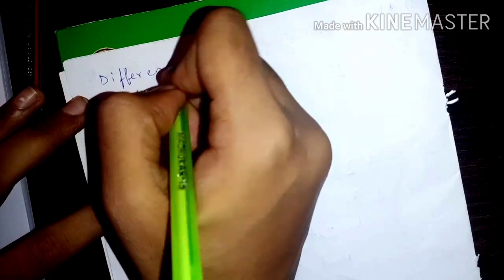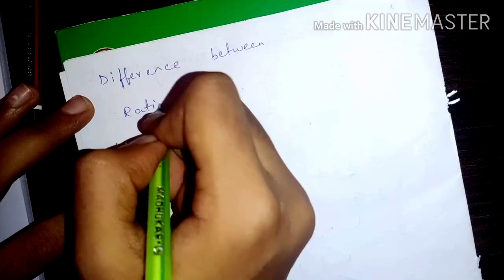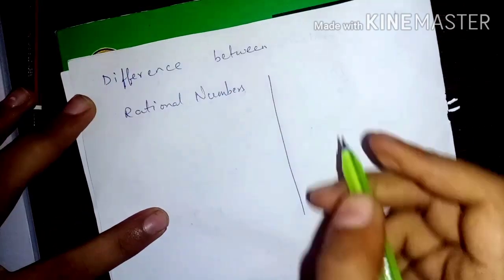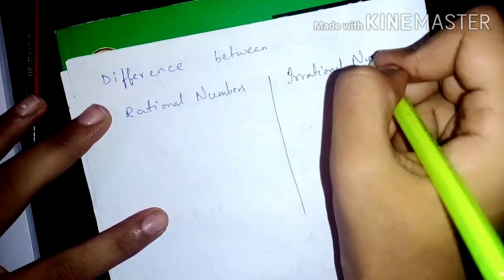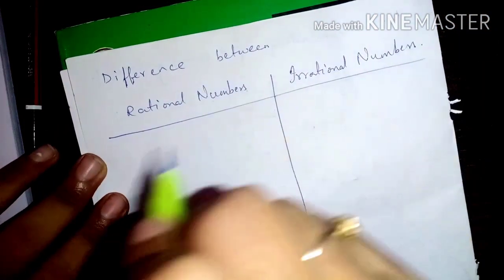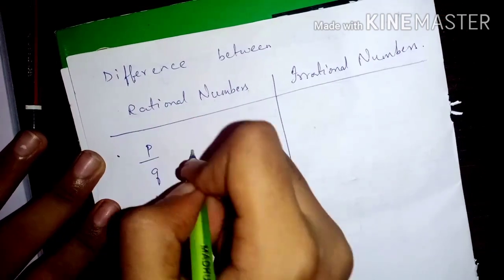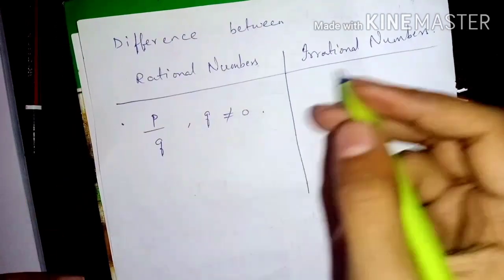Let me explain perfectly the difference between rational numbers and irrational numbers. On this side I'll write rational numbers and on the right side irrational numbers. Any number which can be written in the form of p by q, where q is not equal to 0, is called a rational number.